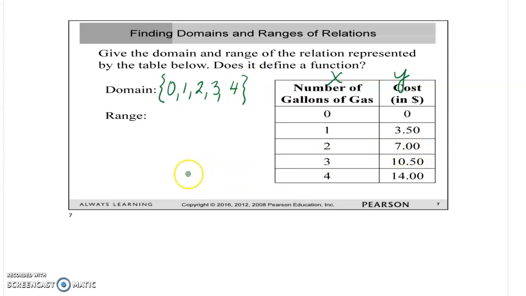Our y values, our range, is 0, $3.50, $7, $10.50, and $14. Is it a function? Well, let's look at our domain. We only care about that. Is there a value for x that's repeated? No. So yes, it's a function.